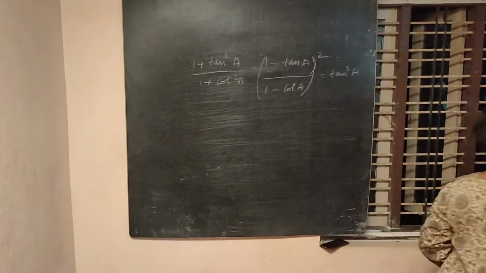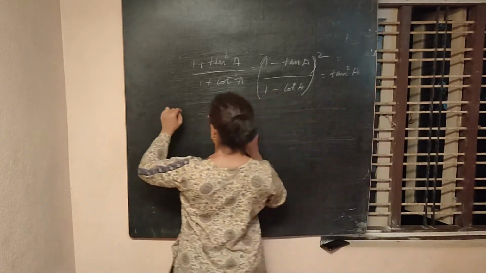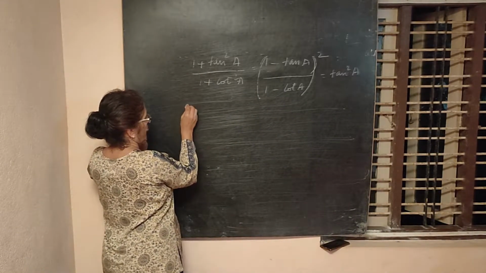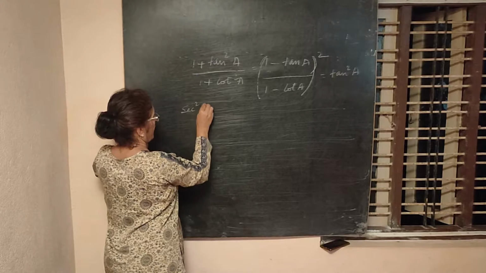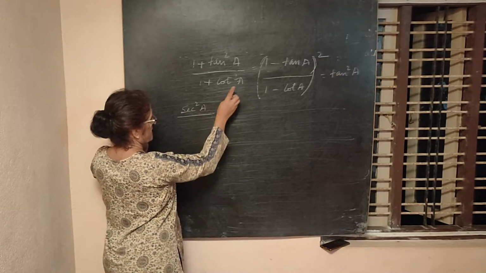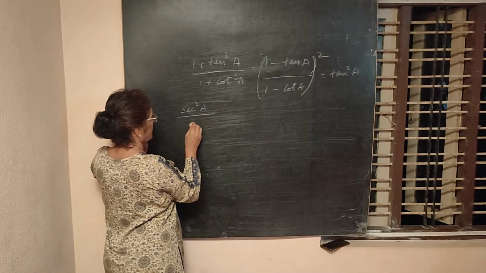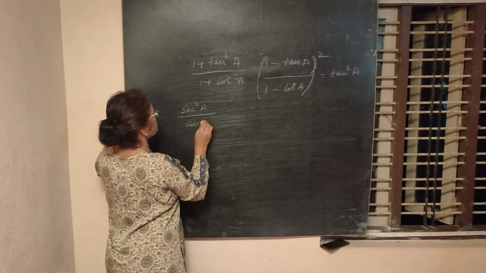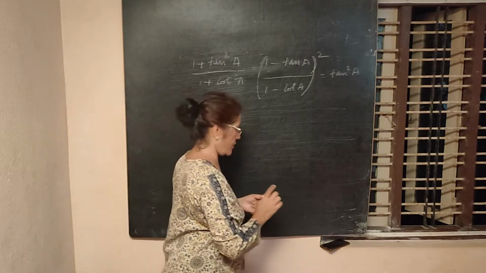Let me start from the first one. I can write 1 plus tan square A as secant square A, divided by 1 plus cot square as cosecant square A.